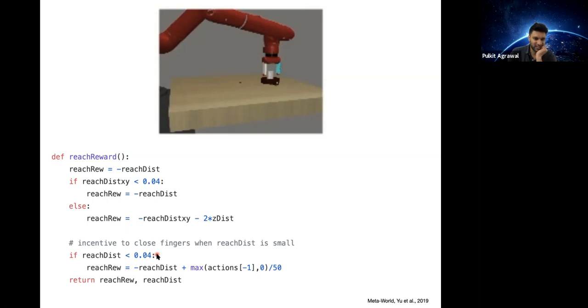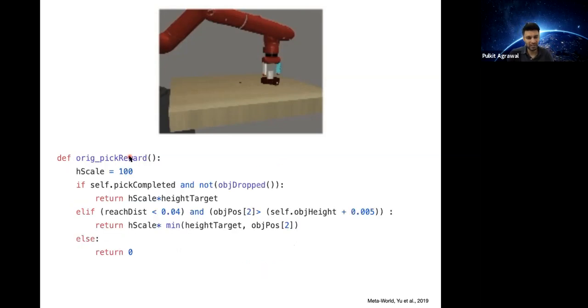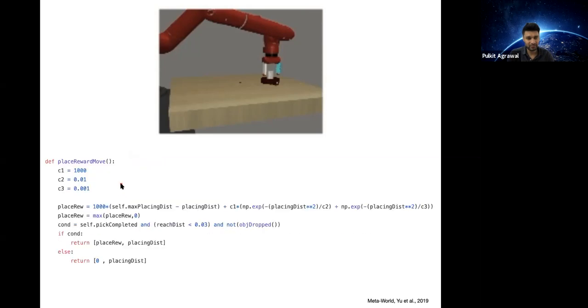If I am close to the object, then I also incentivize my fingers to close around it so I can lift it. This is just to reach the object. Then there is a reward to pick up the object, and you see all these funny numbers, like 0.04, 0.005. Someone came up with it. And then there's a reward to place the object. Again, you will see more funny numbers, like c1, c2, c3, which are defined over here.